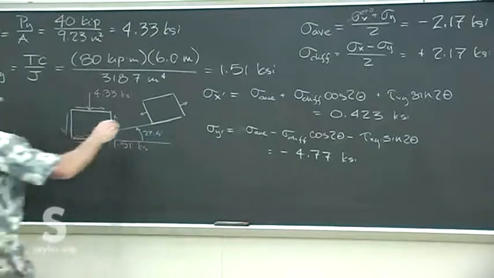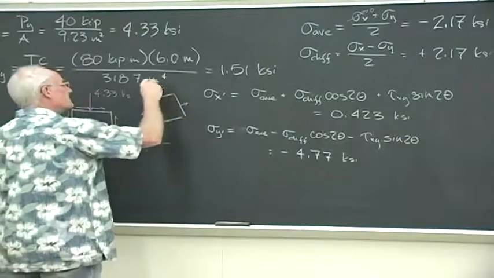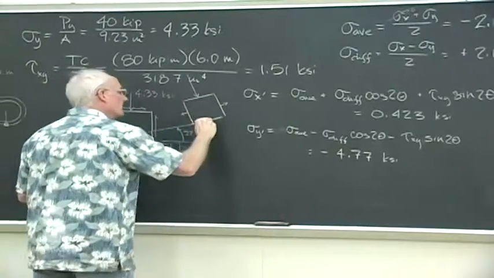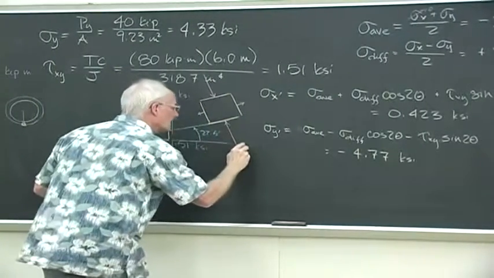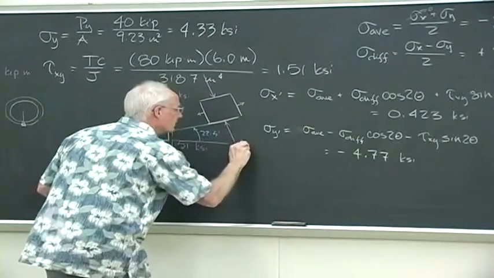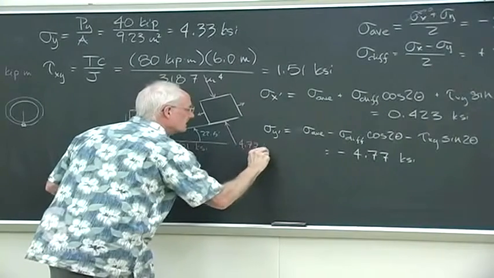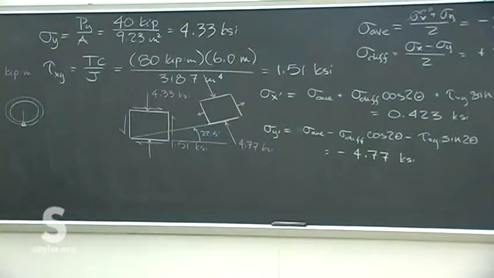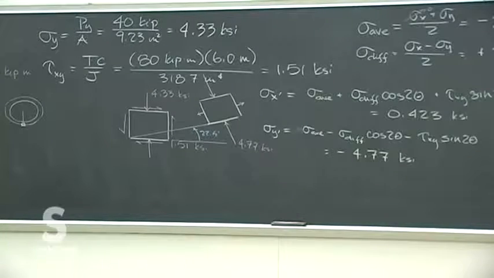So we can draw that on the side. About 10 times bigger than in the x direction. 4.77 KSI, and compressive. Those stresses are tending to actually hold the weld together.